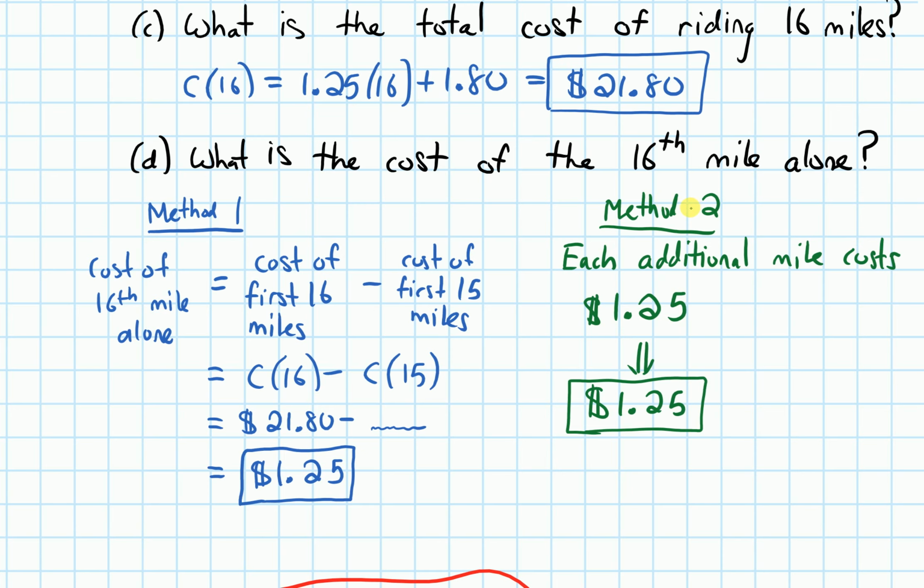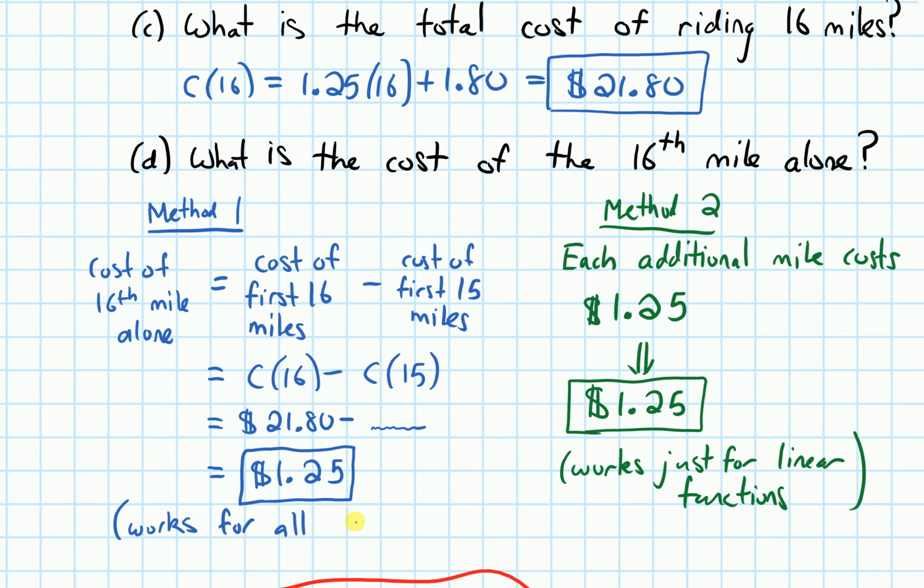So this method, method two, where I just took that marginal cost and applied that to this specific mile marker, works just for linear functions. Because for linear functions, that marginal cost is not going to change. But if my cost wasn't a linear function, then I could still do it in method one in this way. And this would work for all functions, not just linear ones.